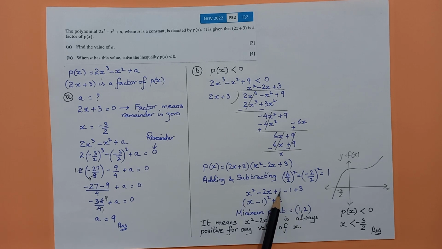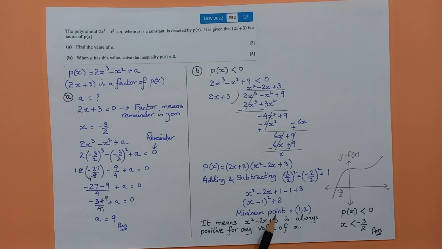Whatever you have added along with x square minus 2x is a perfect square, which means x square minus 2x plus 1 is x minus 1 whole square, according to the formula a square minus 2ab plus b square equals a minus b whole square, and this minus 1 plus 3 when simplified becomes positive 2.